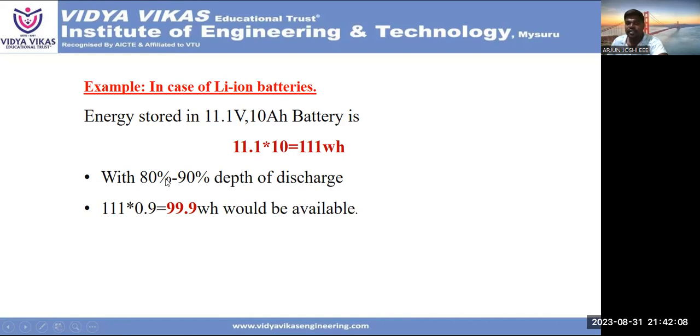With 80 to 90% depth of discharge, 111 into 0.9 is 99.9 watt hour available. Out of the 111 watt hour stored, I can use 99.9, because it has 80 to 90 percent depth of discharge.